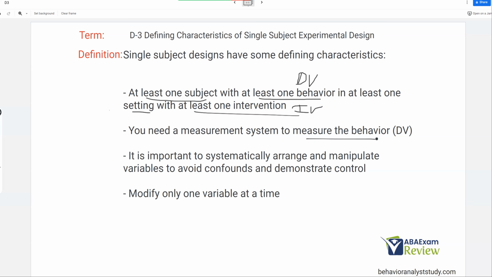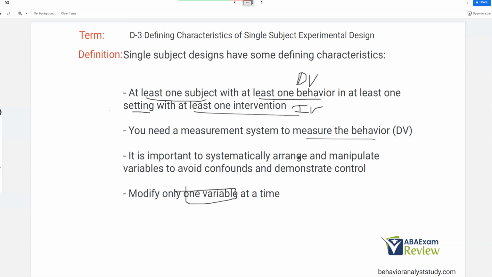So very straightforward, right? Single subject designs are often a lot simpler to execute compared to group designs. You have, say, 1 to 8 participants, each as their own control. You're manipulating one variable at a time, and so it's a lot more controllable. It's a lot tighter than, let's say, these big group designs.